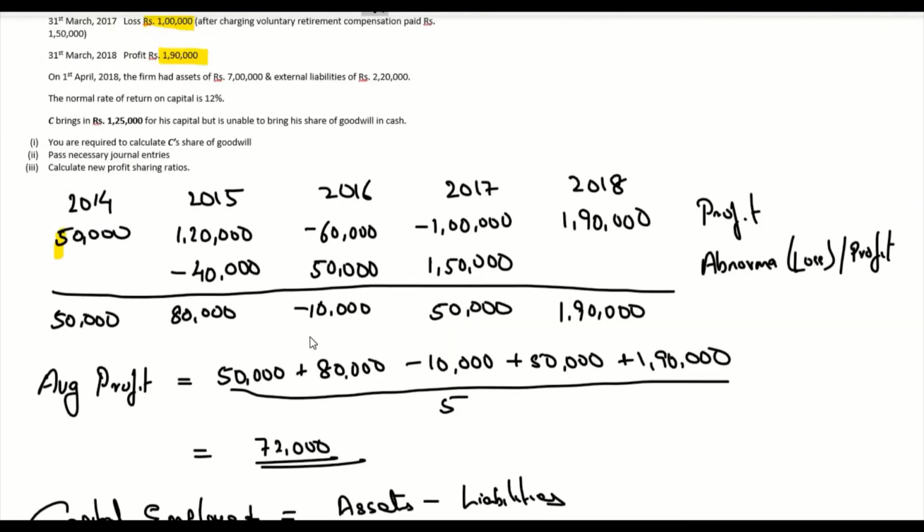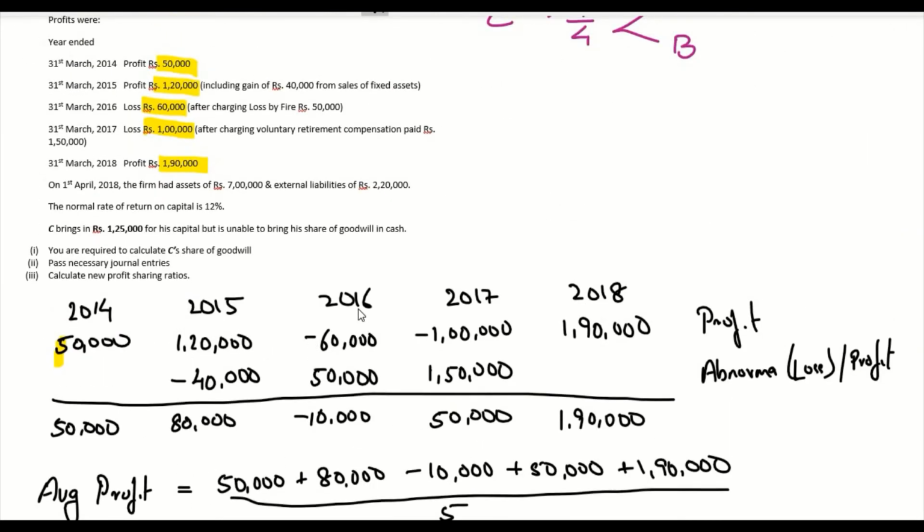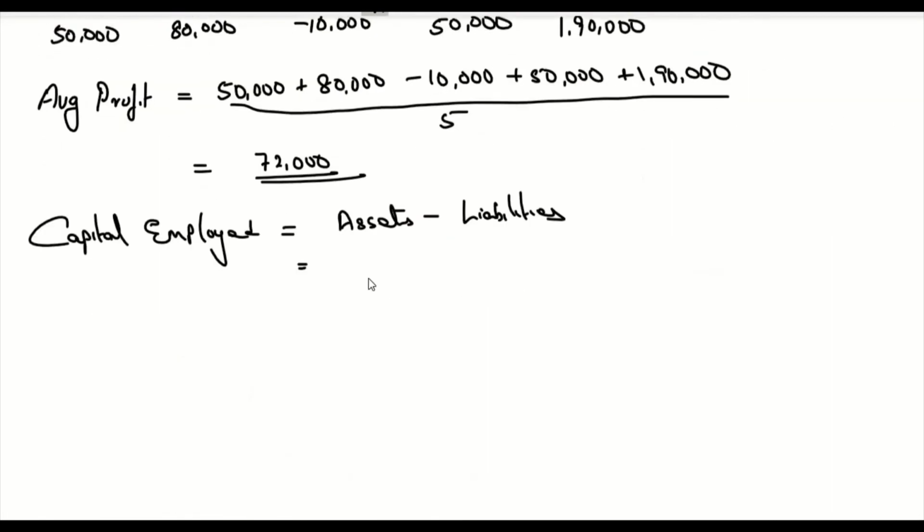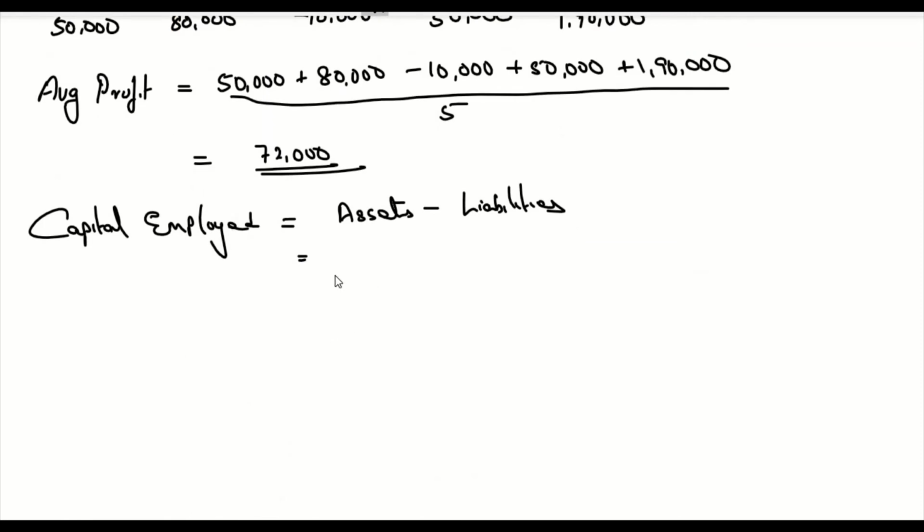So in the question it is mentioned on 1st April 2018 the firm had assets of rupees 7 lakh and external liabilities of rupees 2,20,000. So the total assets is 7 lakhs and liabilities is 2,20,000. So capital employed is 4,80,000.